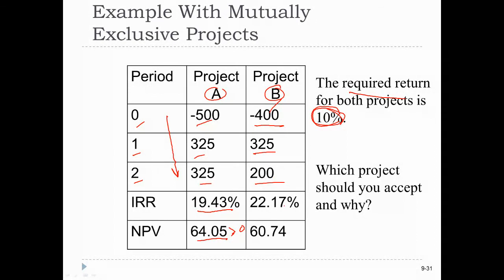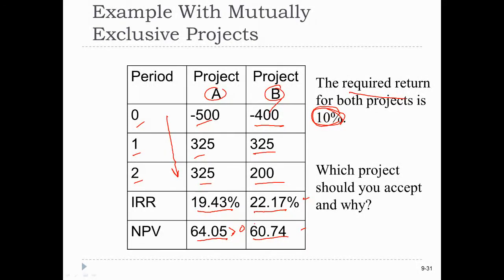Doing the same calculations for IRR and net present value, we find an IRR of 22.17% and a net present value of $60.74. Project B also is a good investment because it has an IRR higher than the cost of capital, and it has an NPV that's greater than zero. So yes, both of these are good investments.